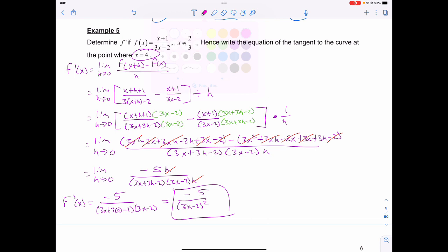So let's start with f prime at 4 is going to equal -5 over 3 times 4 minus 2 squared, which means that this is going to give me -5 over 100, which is equal to -1 over 20, which we know is actually the slope.